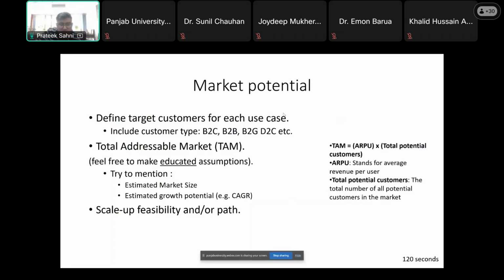Now, total addressable market is a somewhat technical term in the marketing and business industry. It is actually a number which is found by finding out the average revenue a buyer of your technology can provide the company, and multiplying that with the number of potential customers in the market.